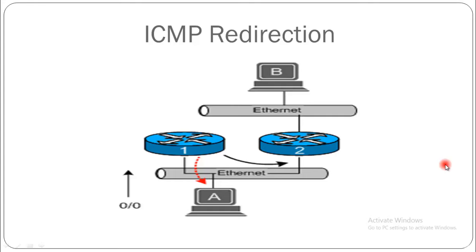In this figure, you can see that host A wishes to send a packet to host B. The routing table on host A consists of a default route through router R1.